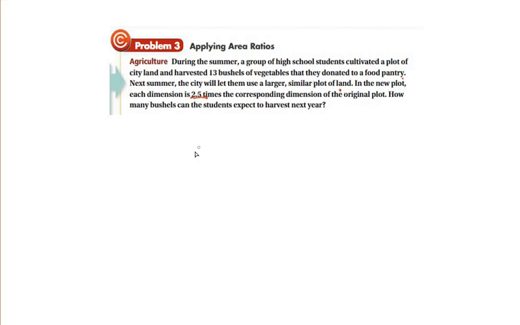So the ratio is 2.5 to 1. For each 1 meter in the previous land, they will get 2.5 meters. How many bushels can the students expect to harvest next year?